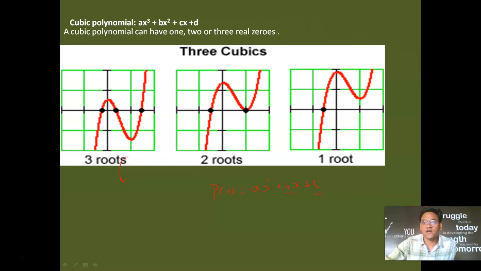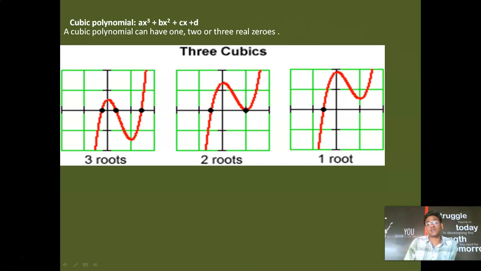Also, for your board examination, the question comes from that particular topic. From today's class, only a 1 or 2 marks question appears. Either a question can come in this way, that you are given a graph. You will see these kinds of questions in your NCERT first exercise only.